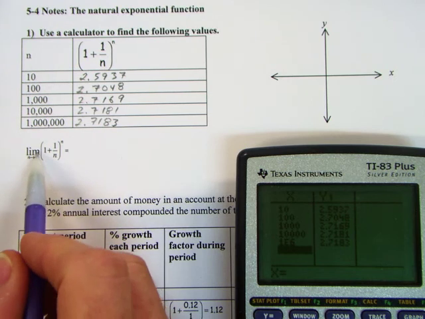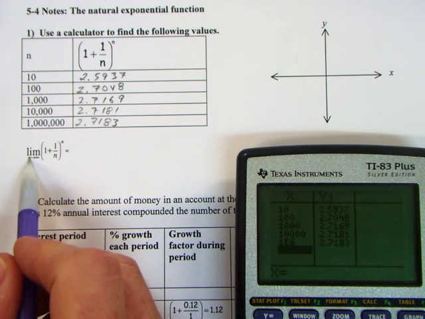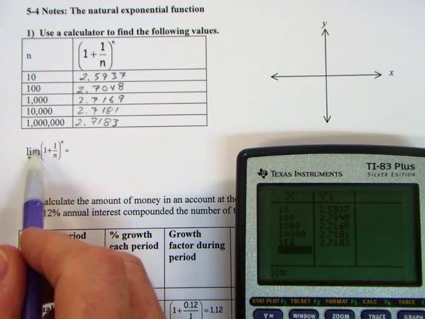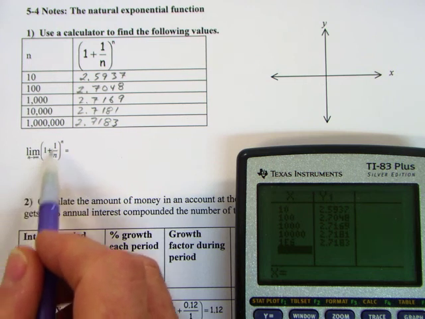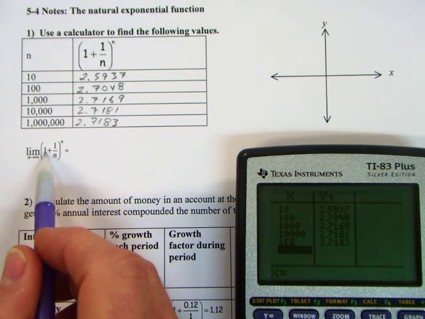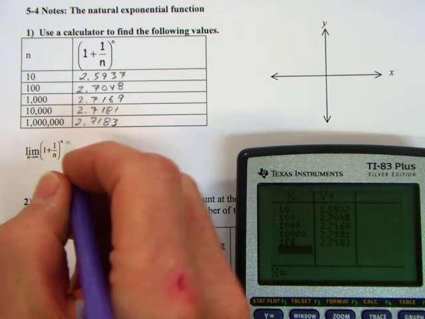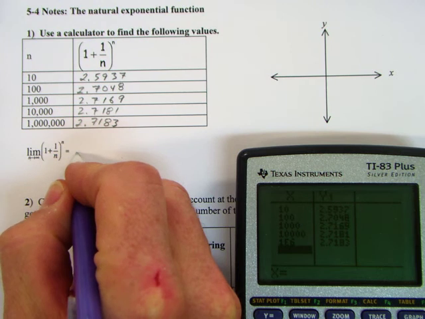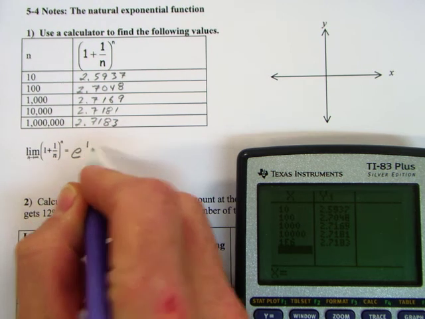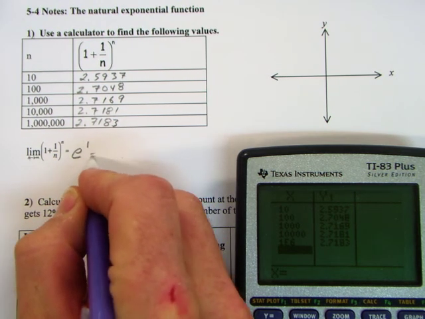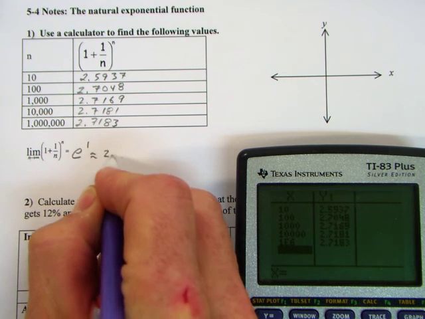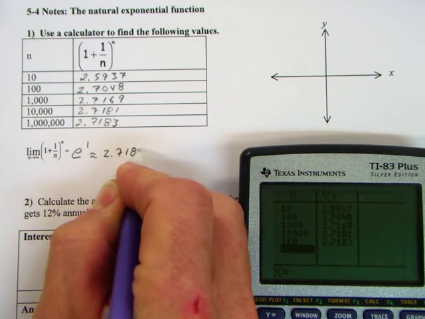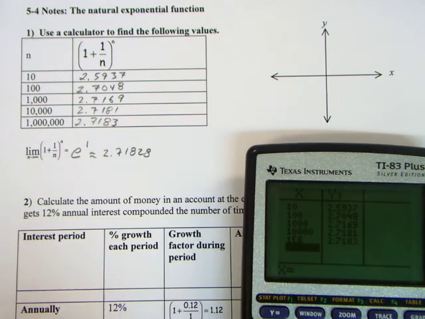The limit as n goes to infinity, so the limit as n gets really, really big of this expression, 1 plus 1 over n to the n. And it turns out that this number is e to the 1, which is approximately equal to 2.71828. So let's actually just write that down.